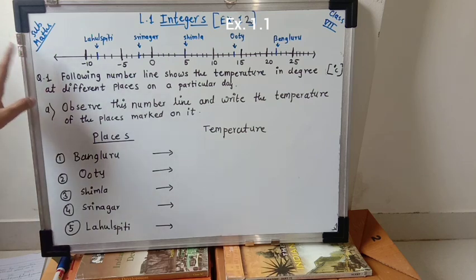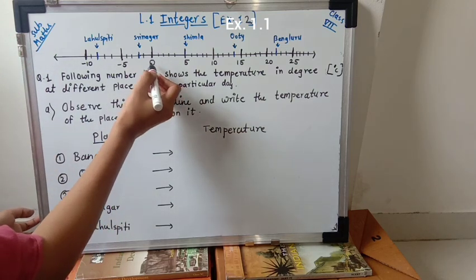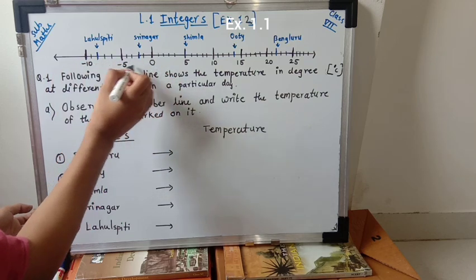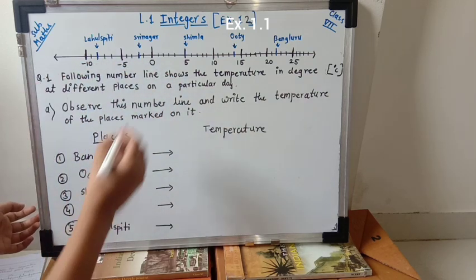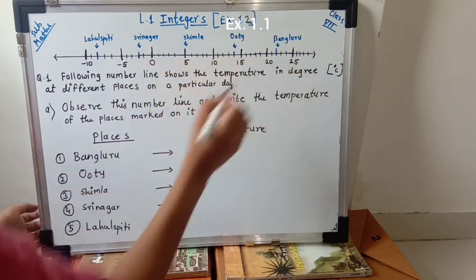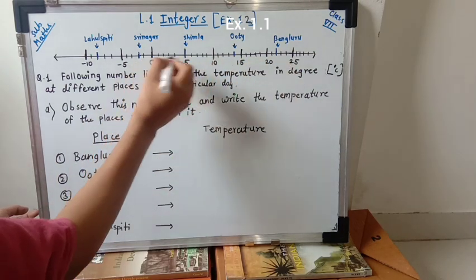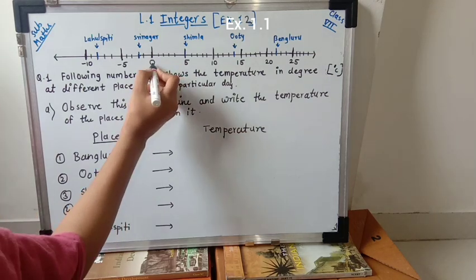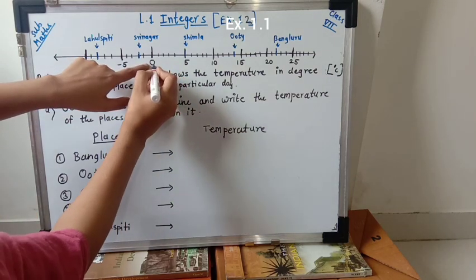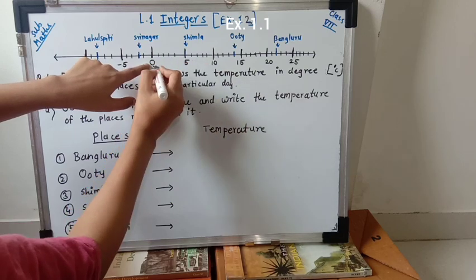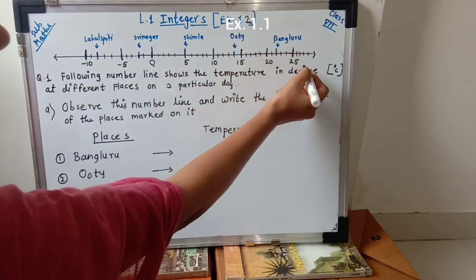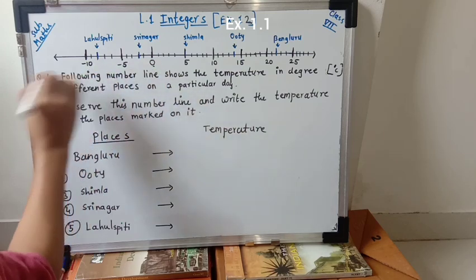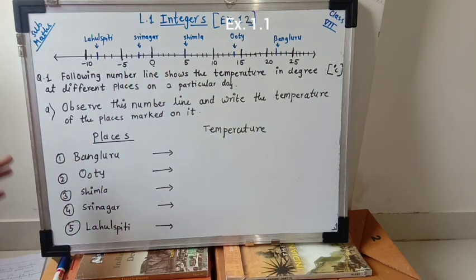Let's see the first number line. We all know that in integers the left side of 0 is always for negative integers and the right side of 0 is always for positive integers. So here, this is the 0. The right side of 0 shows positive temperature, and the left side of 0 shows negative temperature.